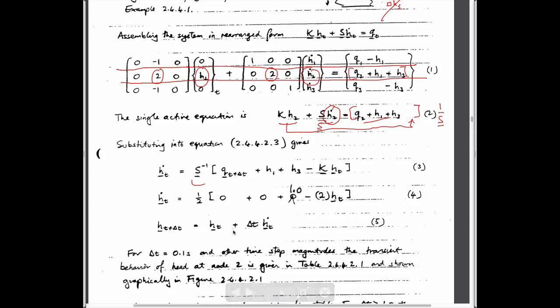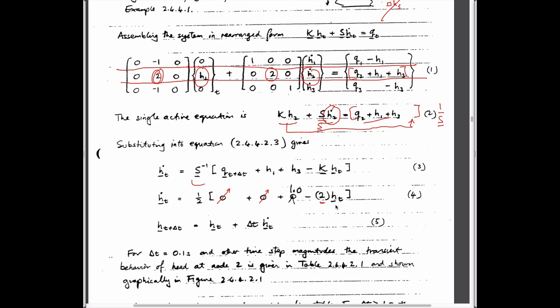And we can start putting numbers in this. Flux into the middle node minus flux out has to equal 0. The head on the top boundary is 0. This is h1. The head at node 3 at the bottom is kept equal to 1. The term of the K matrix is 2, which is this.